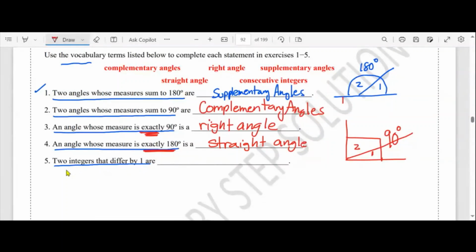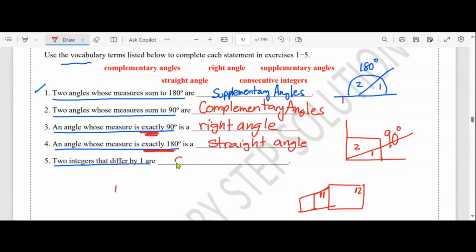Two integers that differ by 1. Consecutive. If you have a book, and in the book there are 2 pages in front of each other, right? This is page 1. What's the next page? 2. So the difference is how much? 1. If this is 11, how much is this? 12.